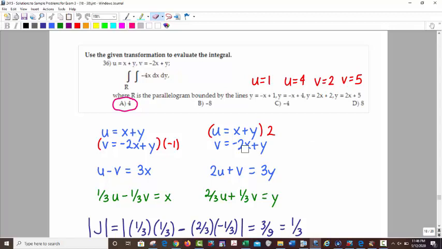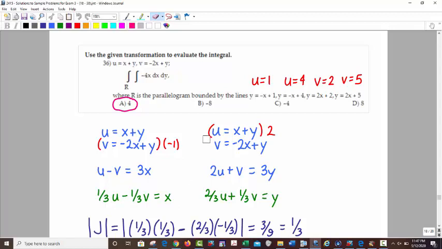And just kind of use a system of equations, elimination. You can choose whichever one you want to solve for first, x or y. I chose this one to solve for y. I multiplied the bottom one by -1, and that's going to get rid of the y's when I add. So it's going to give me an x plus 2x, which is 3x, and gives me u minus v. Therefore, x would be 1/3 u minus 1/3 v.